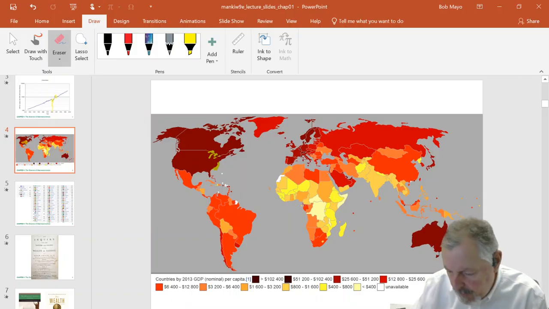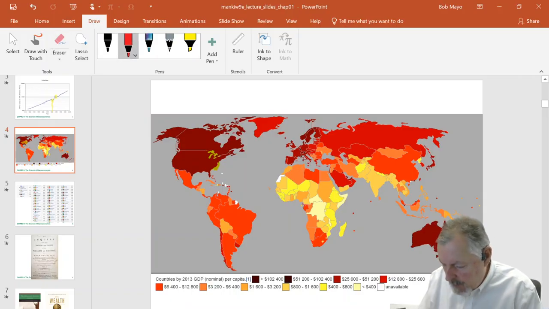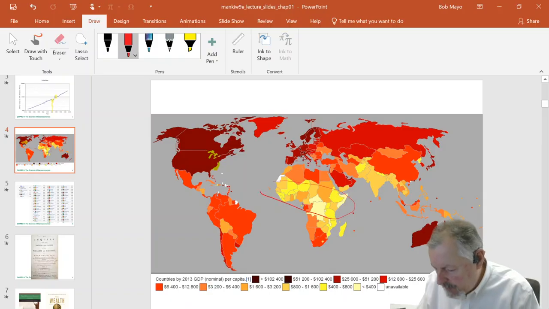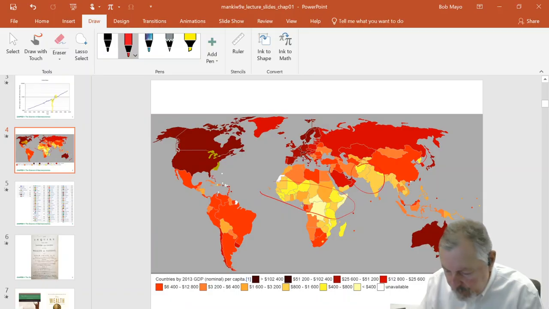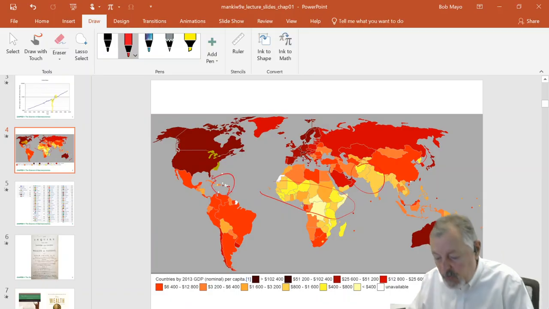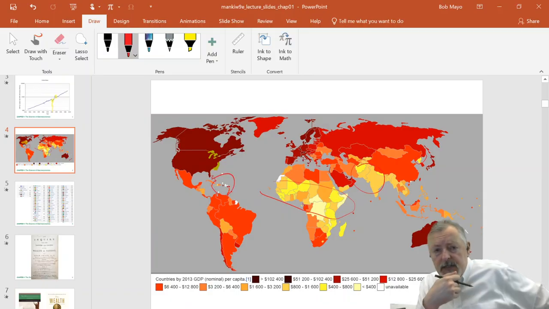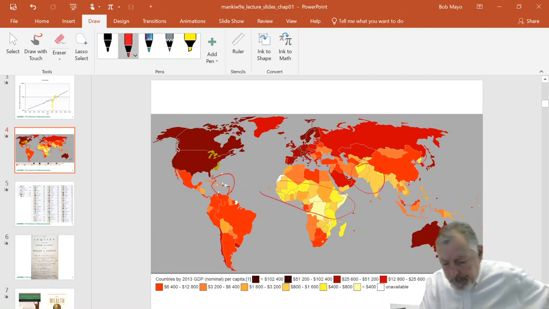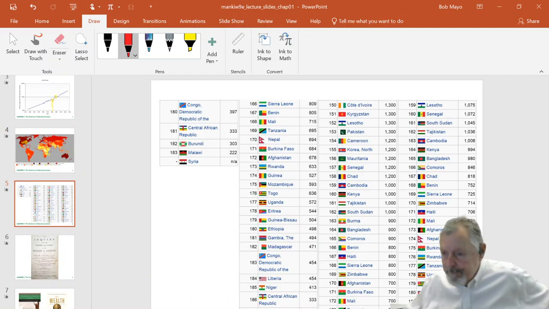But then you have countries in Africa, South Asia, East Asia, some in the Western Hemisphere, that are desperately poor. Here's a list.